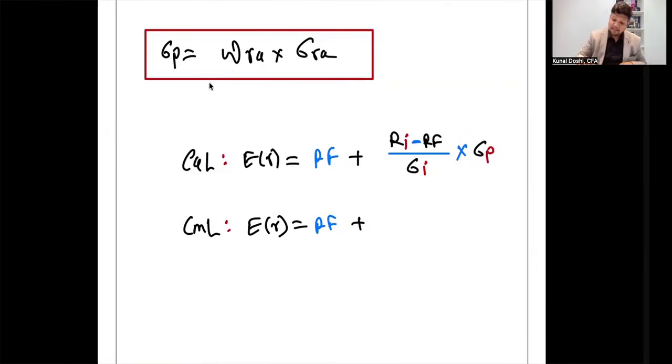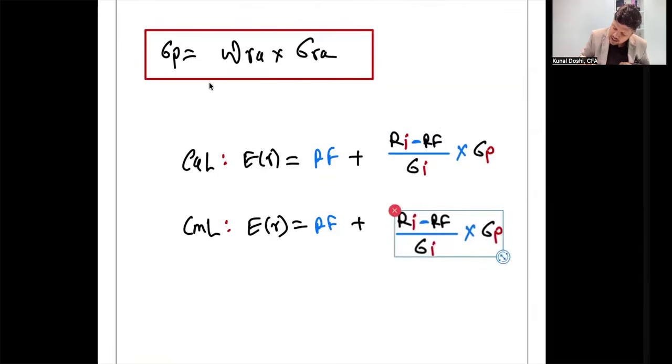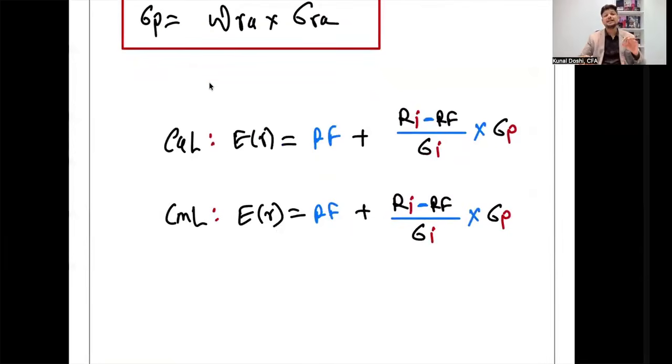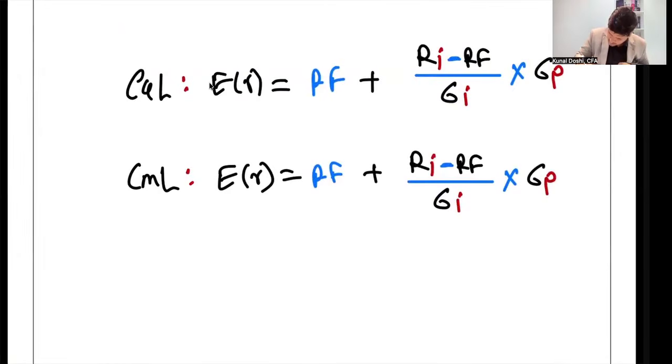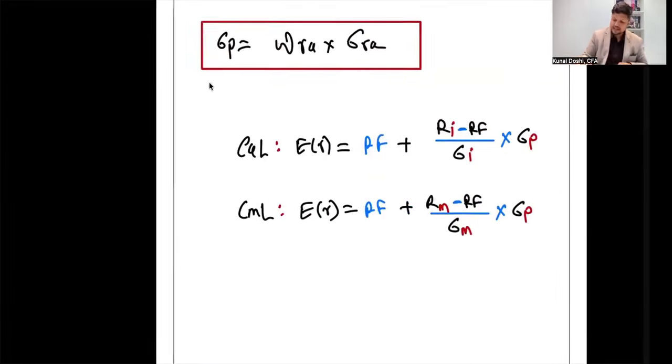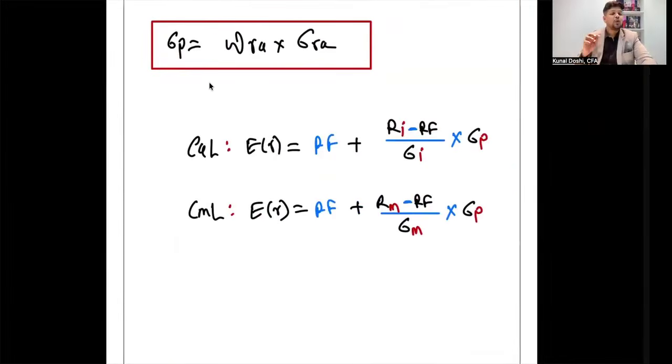But if it's the capital market line, you will notice it's the same thing, but instead of any individual portfolio or security, we take the market as the asset. So I will take RM, which is nothing but the market portfolio. That is the twist when you do CML in the next reading.